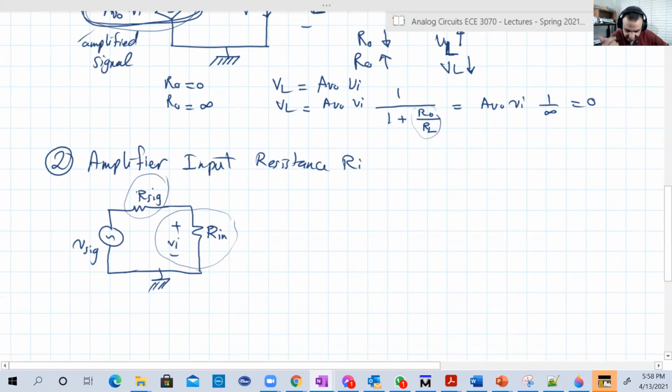Just look at this very simple circuit, 2 series resistances. So V signal will be divided between both. Some will go to our signal resistance, some will go to our input. The portion that goes to our input is called V input. And it's definitely not 100% equal to V signal. No, it's a portion of it. 80%, 70%, whatever. Might be 50% or even lower.